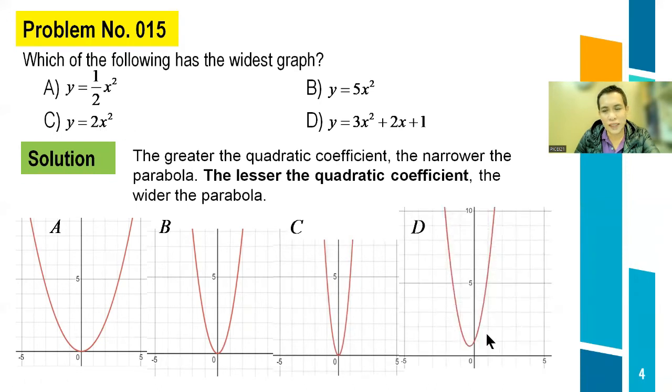And for letter D, this is the graph. Which of the four given graphs is the widest? Definitely it's letter A. So the correct answer is letter A.